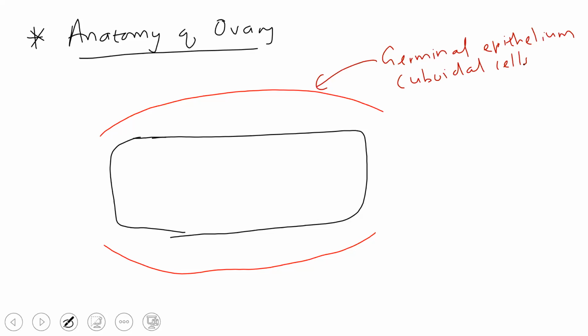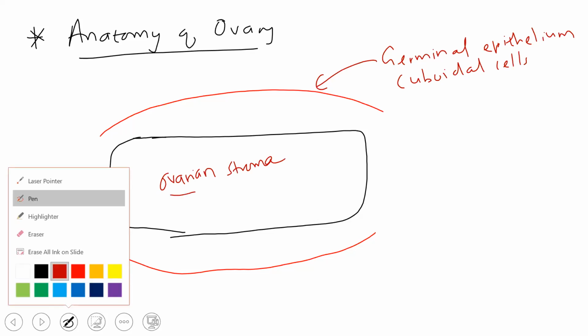Now, whatever you see inside of this is referred to as the ovarian stroma. This is the major part of the ovary, on the inside.